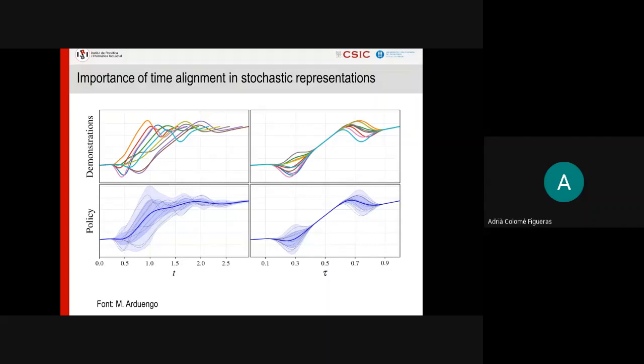So what you would get is the lower left corner plot. And you see that if you align the trajectories on the upper right plot and you build a probabilistic movement primitive, they are both very different. So there is a very large difference, and the correct one is on the right side.